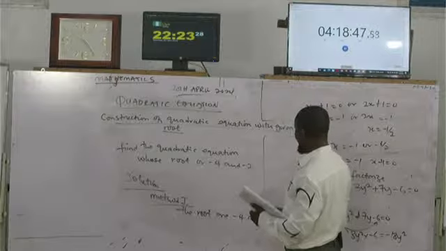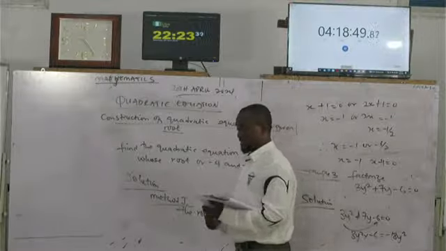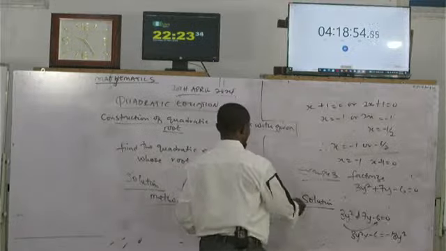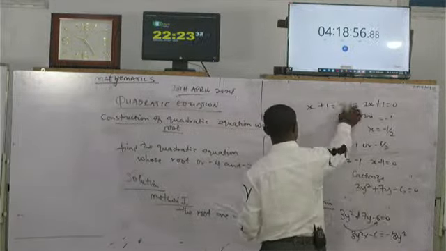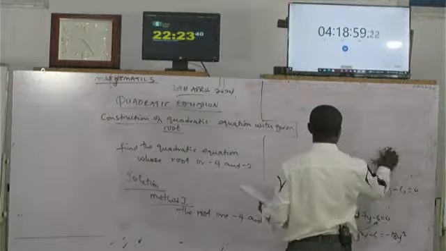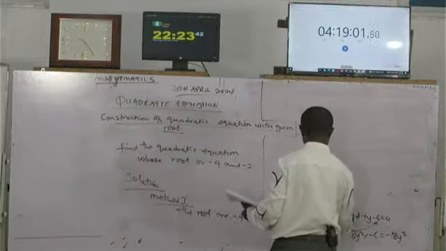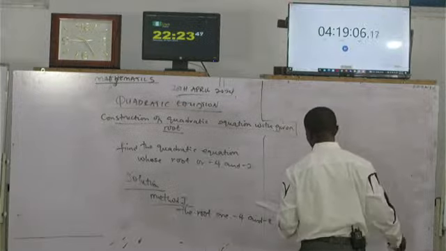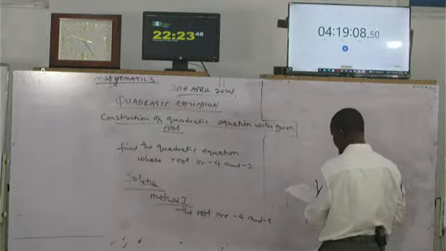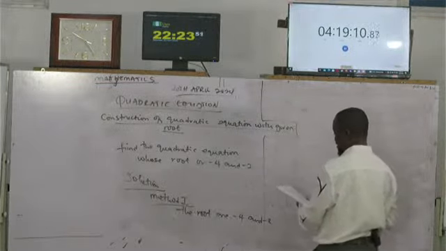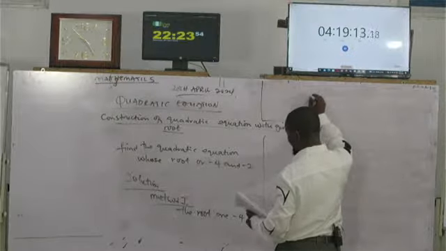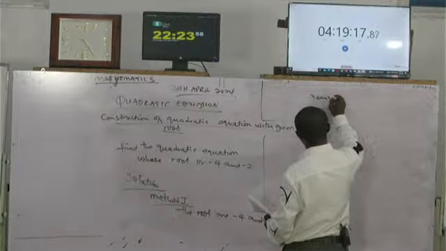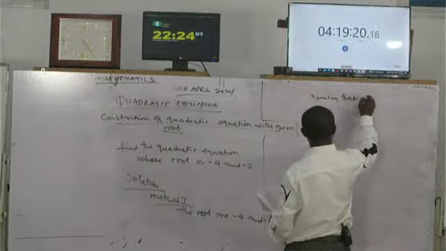So if you have the roots of minus 4 and minus 2, it therefore means that x equals minus 4 and x equals minus 2. So that's to say that the roots are minus 4 and minus 2, meaning that x equals what?